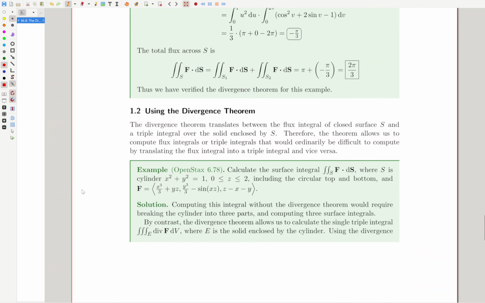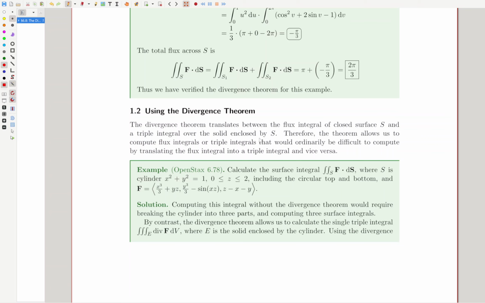So we have, I think, one, maybe two more examples. So the divergence theorem, again, this is just saying when it can come into play. If doing the surface integral is difficult, but doing the volume integral is easy, that's one way you could use the divergence theorem, is to do the integral over the solid.